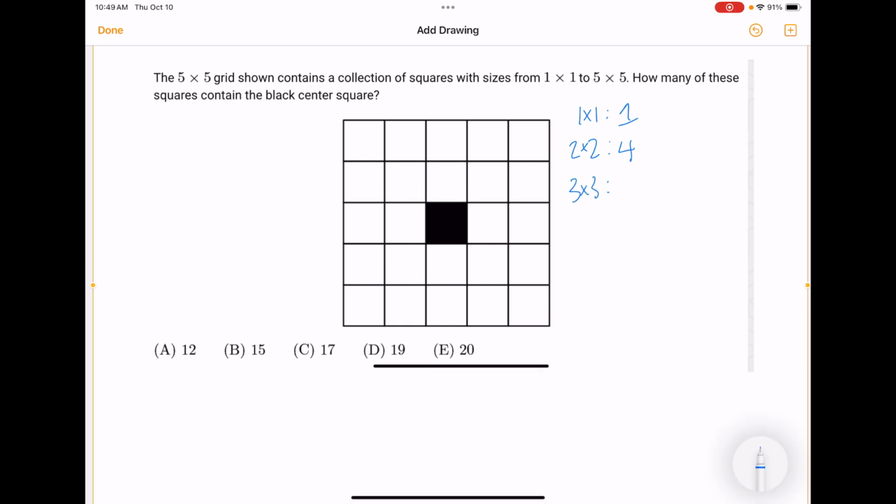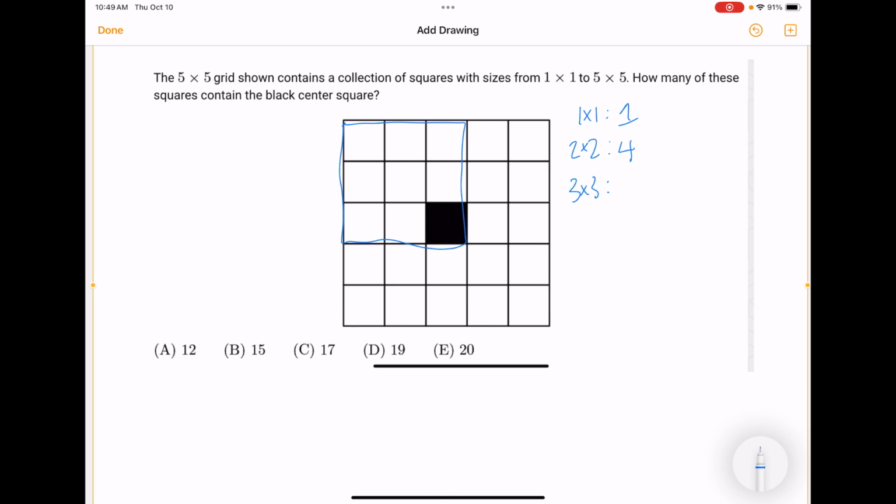This is going to get a little bit trickier. There's going to be one 3 by 3 square right here. If you're only going for the 4 edge squares, you're going to miss out on the center ones. So my tip is to just move horizontally 1 by 1.